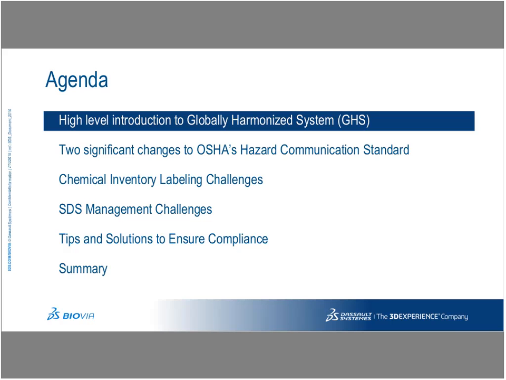And then, of course, sharing some tips to ensure compliance, how we've been able to assist customers in overcoming the hurdle of adopting the changes that are coming down with GHS.